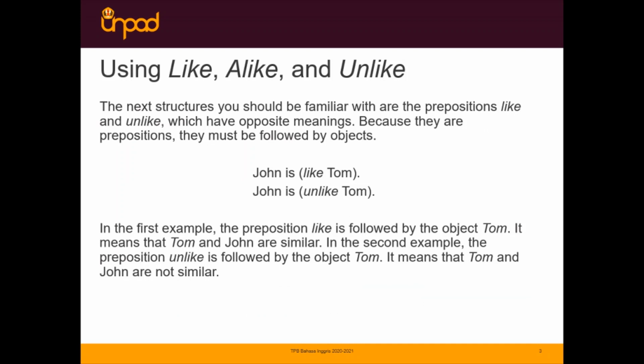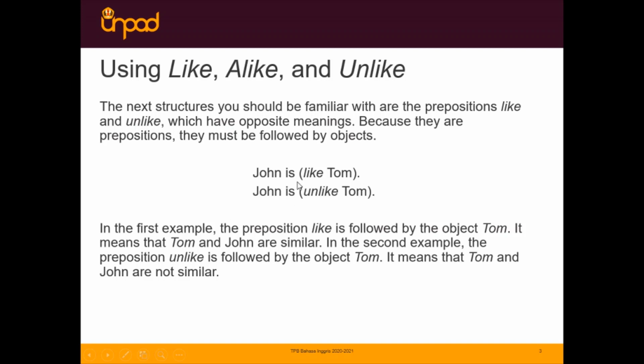The next structures you should be familiar with are the prepositions like and unlike, which have opposite meanings. Because they're prepositions, they must be followed by objects. So that's the key point here. Have a look at these two sentences. The first sentence says, John is like Tom. The second sentence says, John is unlike Tom.